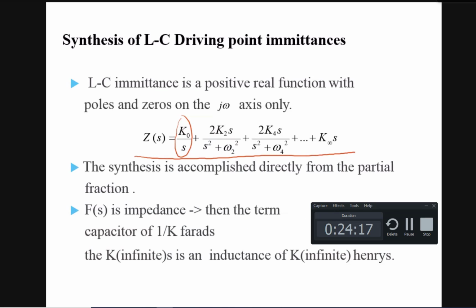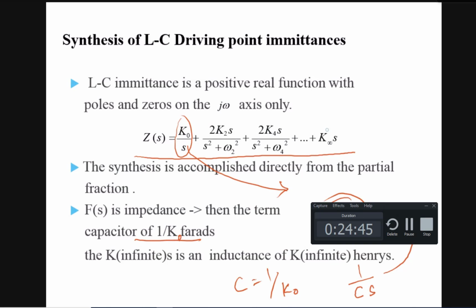Then the term K_0 by s corresponds to what? You see, 1 by Cs is the capacitance. So here 1 by C corresponds to K_0, or C corresponds to 1 by K_0 farads. So this term corresponds to a series capacitor.